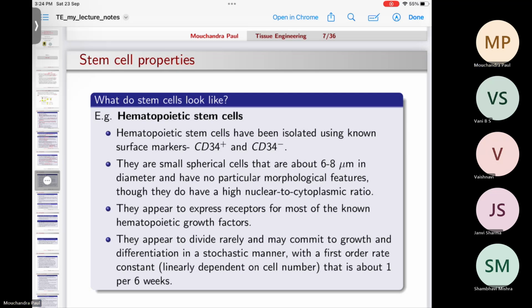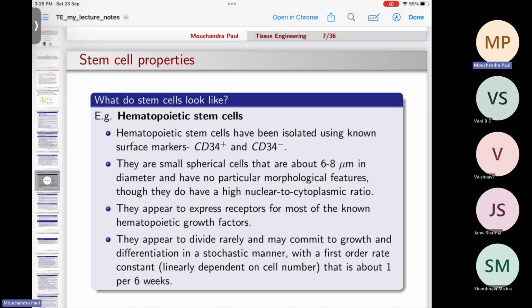Okay, so for example, hematopoietic stem cells. As I told you, most of the research has been done on either hematopoietic stem cells or mesenchymal stem cells, and only these two stem cell types are easily available all over India, not only abroad, and their cost is also not that much.